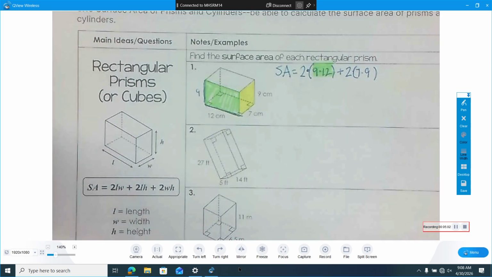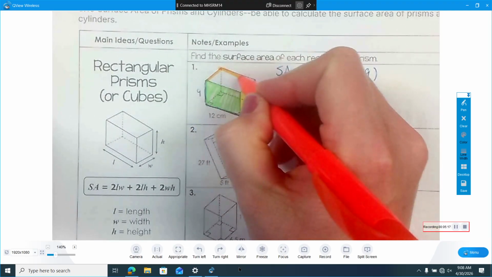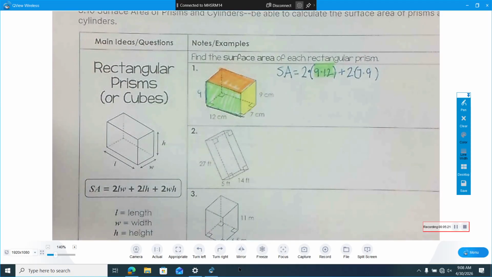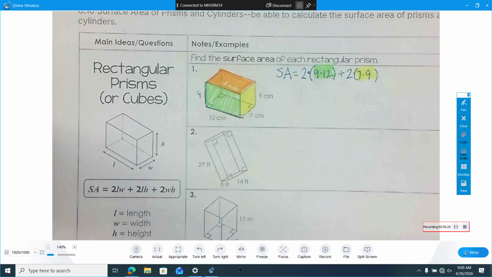And then, what's my third? What's the third rectangle? Where is it? On top and bottom, yeah. So I'm going to use the one on top just because I can color it in. So there's two of these orange shapes, two orange rectangles.